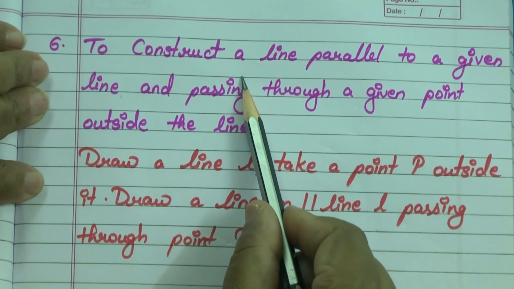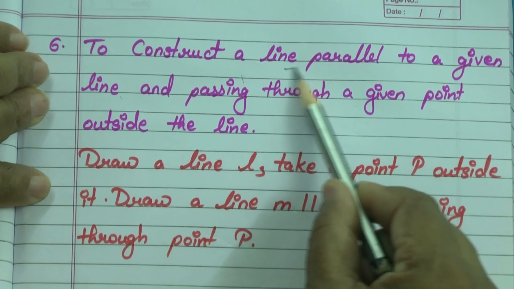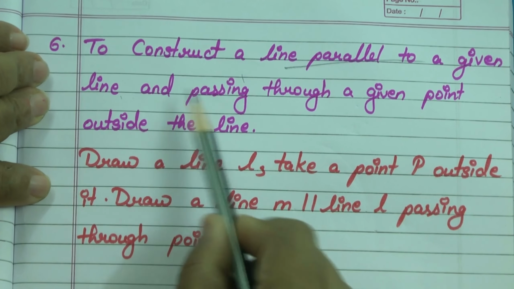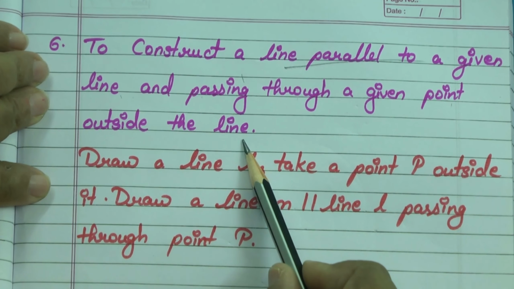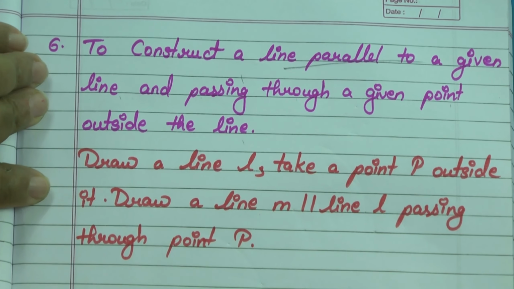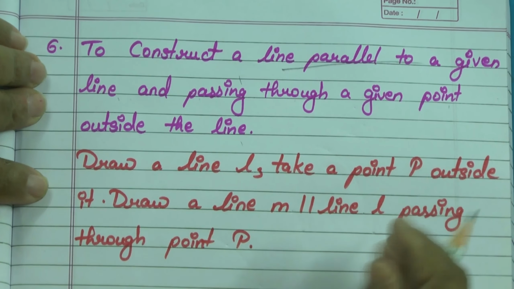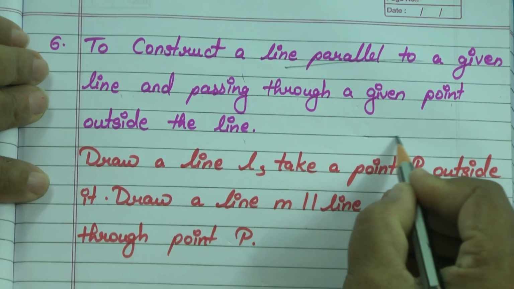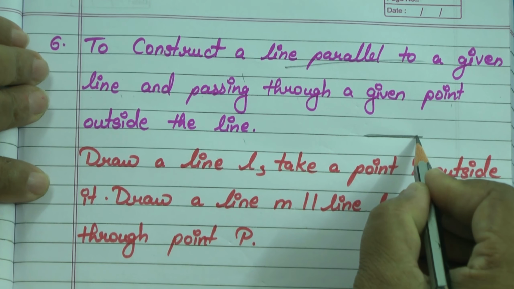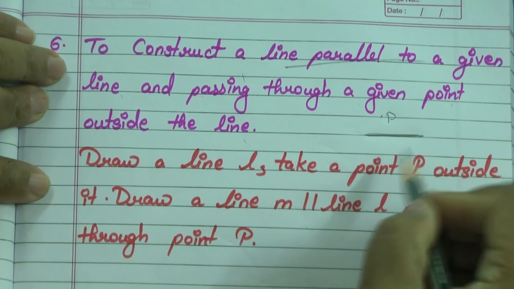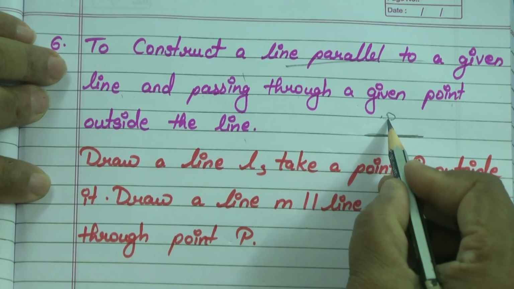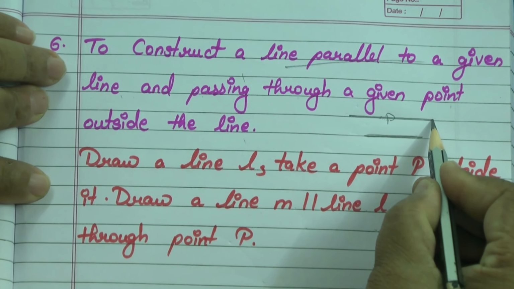Now children, we have to construct a line which is parallel to the given line and passing through a given point outside the line. For example, if I have a line here, this is the line, and this is the point P. From this point, I'll draw another line.